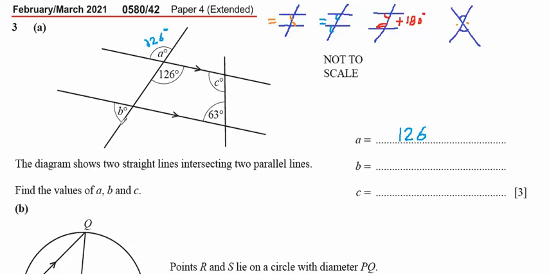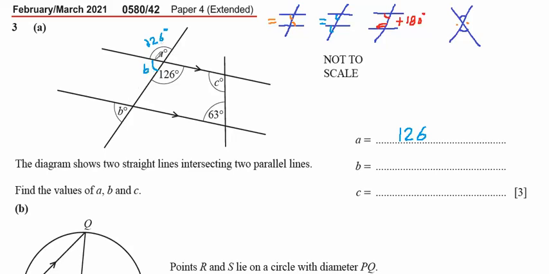Then we will find the angle B. Angle B is equal to this angle, or we can say angle B is equal to this one. So if this angle is B, these are corresponding angles.